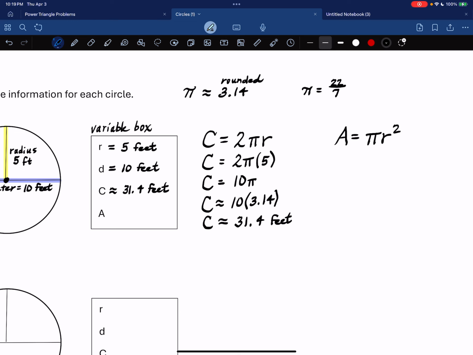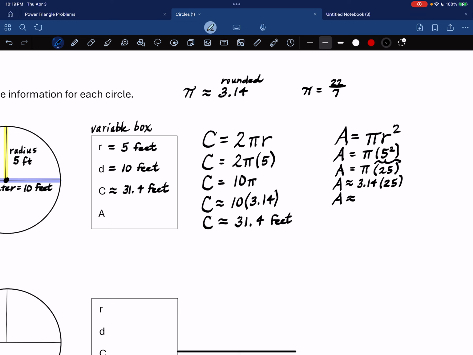Okay, for area, we know that it is pi times the radius to the second power. So pi is still sitting there. 5 times 5 is 25. And at the point that I substitute 3.14, that equal sign is no longer an equal sign. It's an approximation sign. So area is approximately the product of those two.